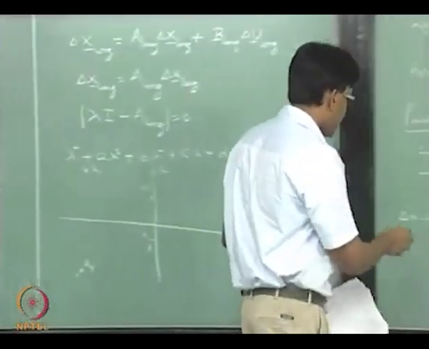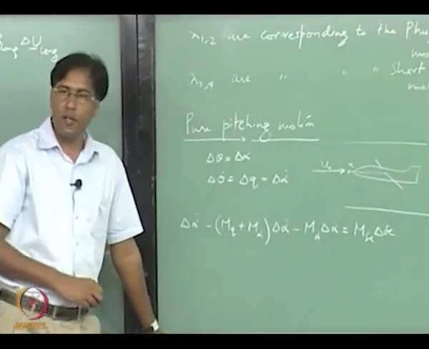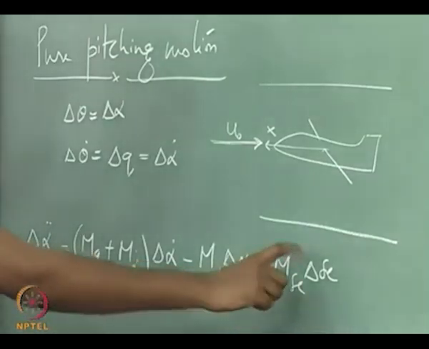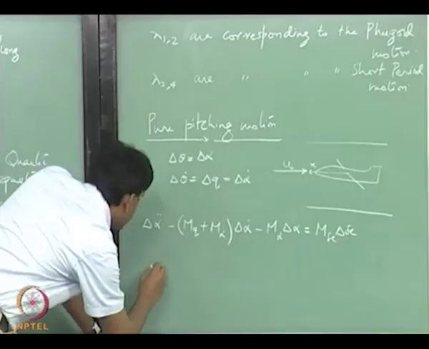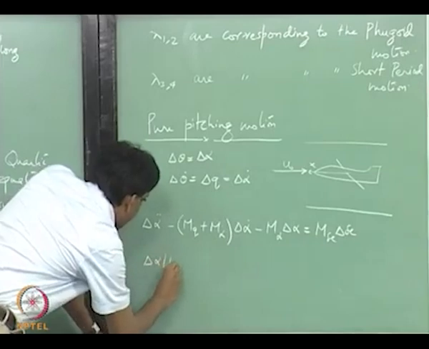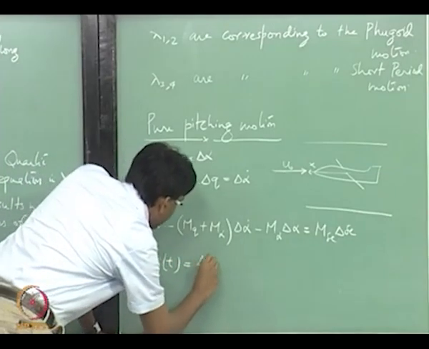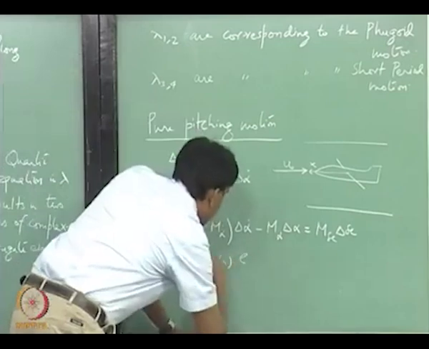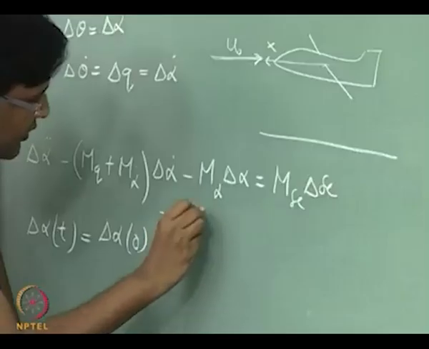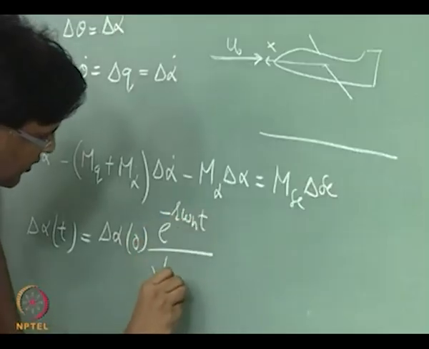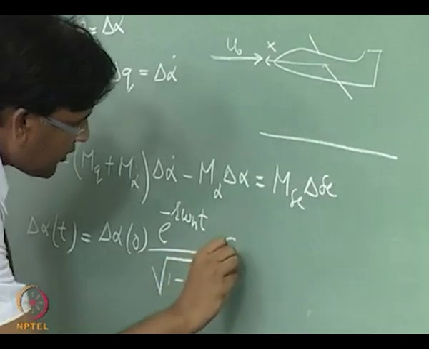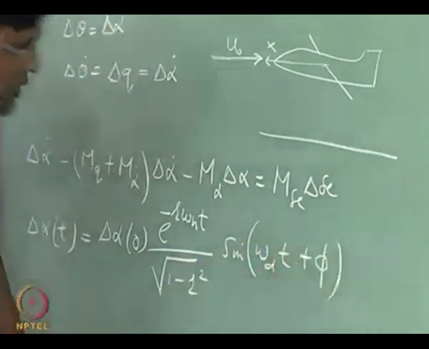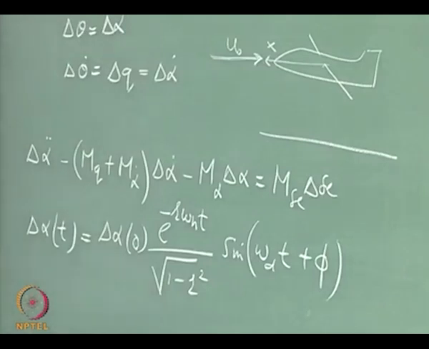So, if you want to look at the free response of aircraft, then you drop this 0 and the homogeneous part of the solution is this.